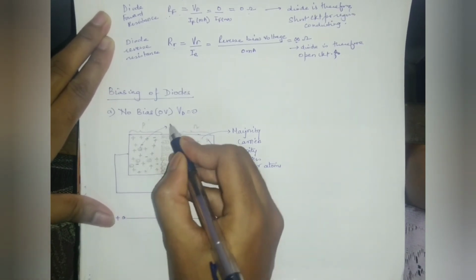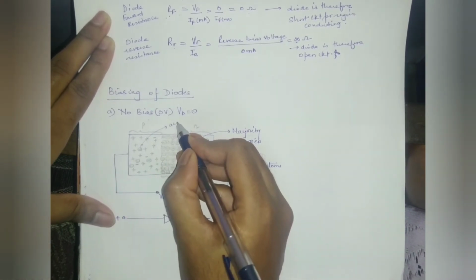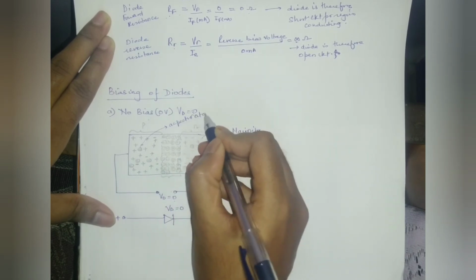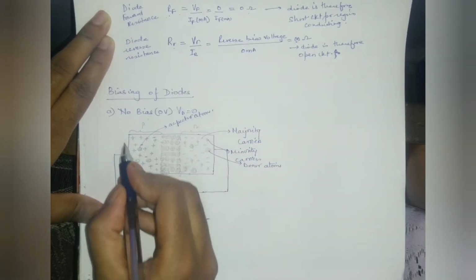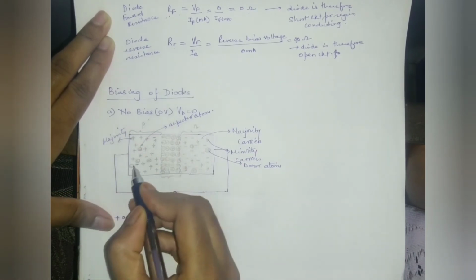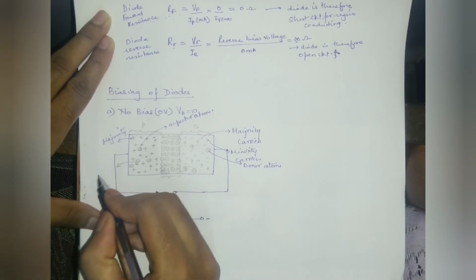And here these are the acceptor atoms. The holes are the majority carriers in the P-type, and the electrons are the minority carriers.